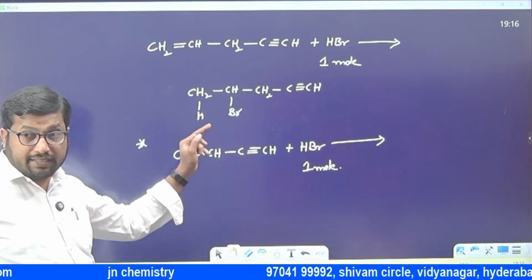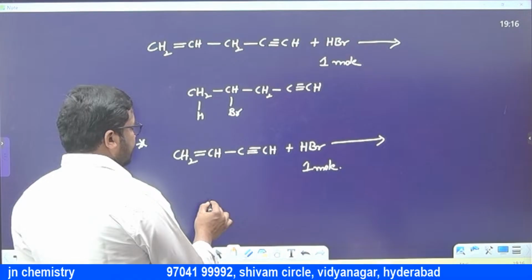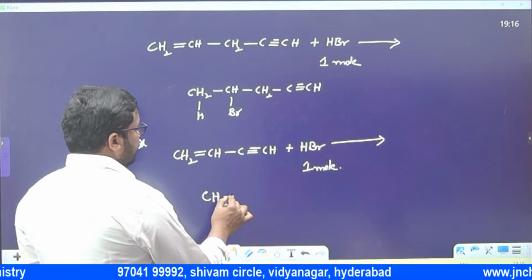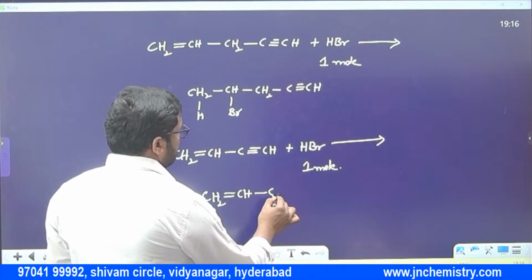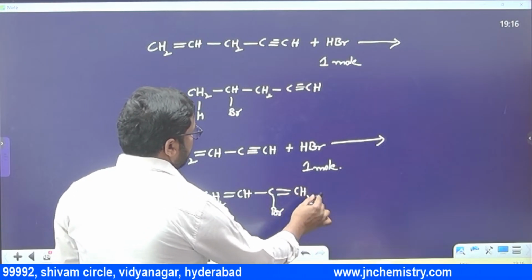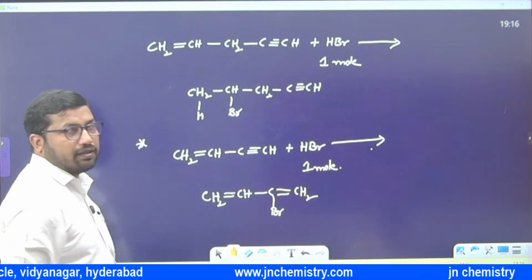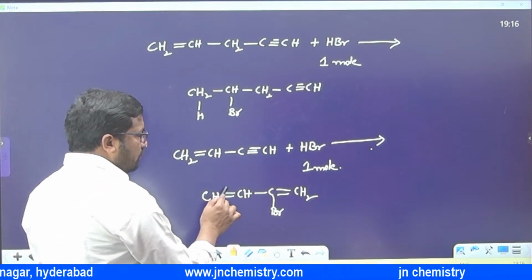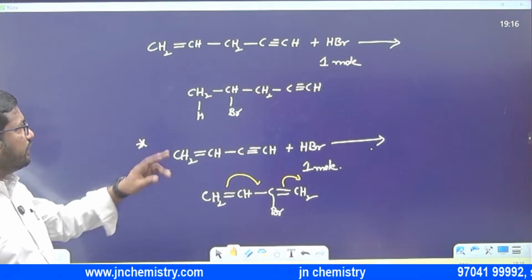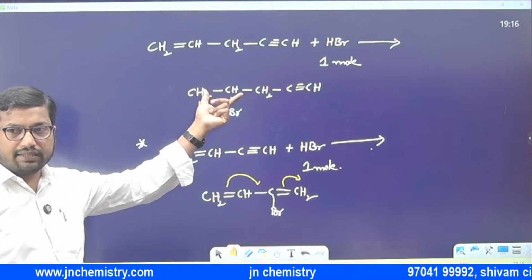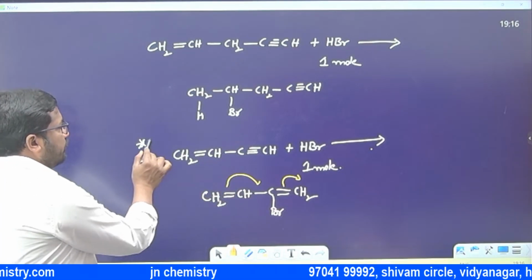So in this case, an exception case, it attacks at the triple bond, because after getting the product, conjugate double bonds are formed, and conjugate double bonds are more resonance stabilized. That's the reason: even though alkenes are more reactive than alkynes, in this case the reaction takes place like this.